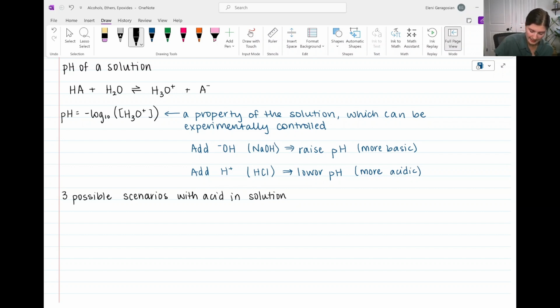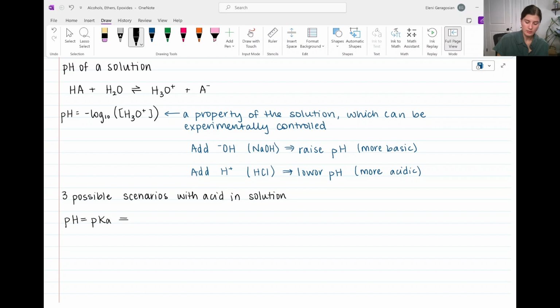Let's say you add an acid that has a pKa that's equal to the pH of the solution. So pKa is 3, the pH of the solution is 3.